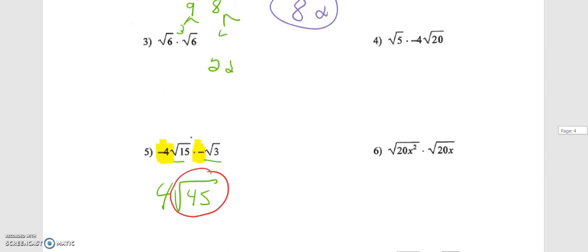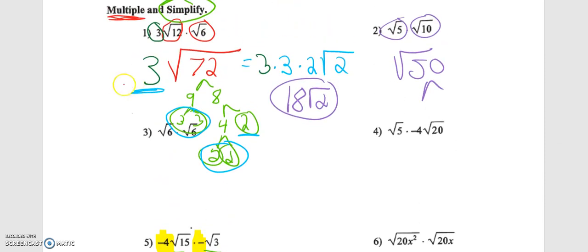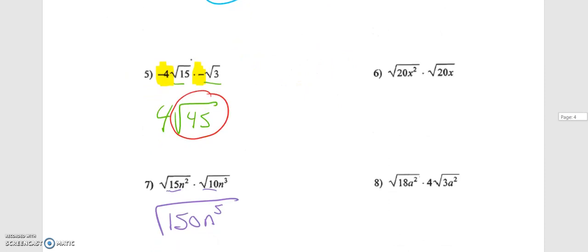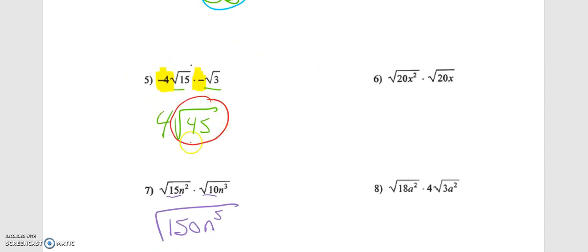Don't lose track of the 4 on the outside. So like up here with the 3, I said don't lose track of him. He carries all the way through until the very end, and then you can kind of multiply everything on the outside. Same thing with this one. Sure, go ahead and deal with the 45, breaking that up, but just don't lose track of that 4 out in front. It's very, very important. So when you simplify that square root of 45, there's still that 4 out in front. Just keep that in mind.